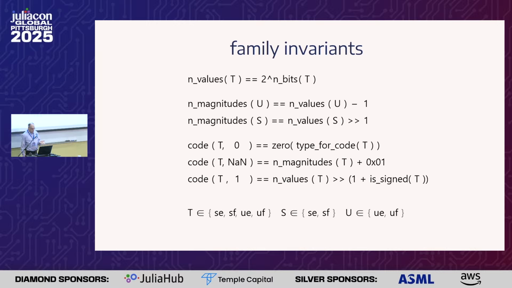In one case you subtract the 1, in the other case you shift down by 1, but shifting is essentially multiplication, right? So you have the two kinds of basic arithmetic operations shown in the world of the unsigns and the world of the signs. Similarly, if you want to know what code point your NaN is at, you can find that out, or your 1, you can find that out.